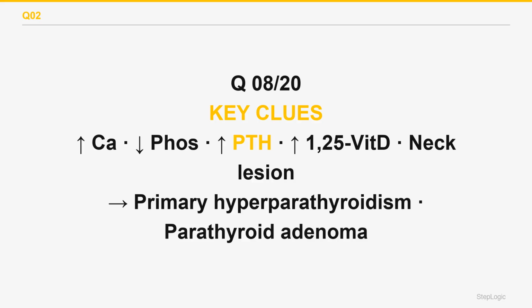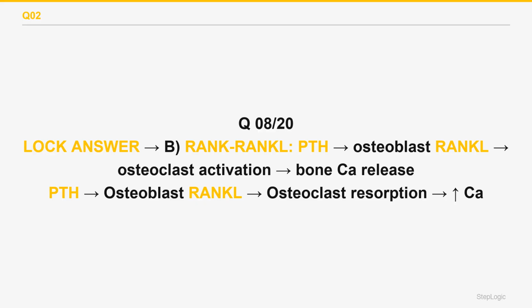PTH stimulates osteoblasts to express RANKL, which binds RANK on osteoclast precursors, driving osteoclast activation and bone resorption. This releases calcium rapidly into the circulation. Choice A describes the intestinal mechanism. Correct but indirect, it requires 1,25 vitamin D as an intermediary.